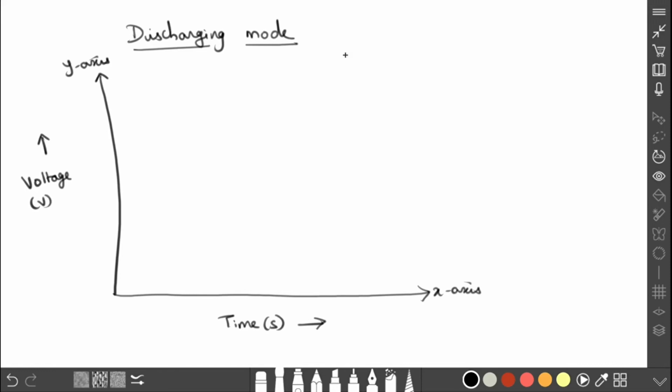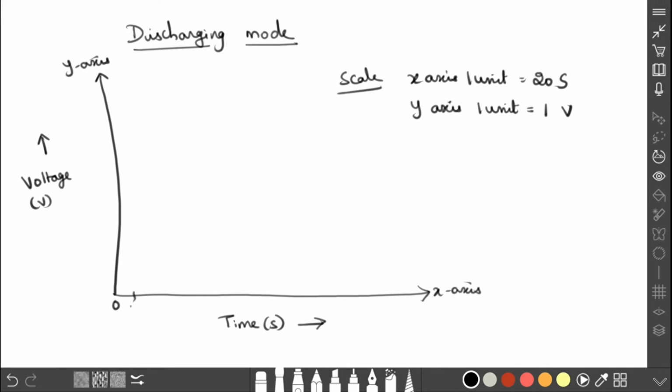We keep the same scale, there is no change in the scale. Scale: x-axis, 1 unit is equal to 20 seconds, and y-axis, 1 unit is equal to 1 volt. Here we will graduate 20, 40, 60, 80, 100, 120, and keep on going up to 360.